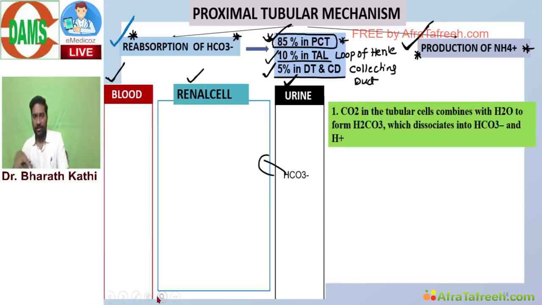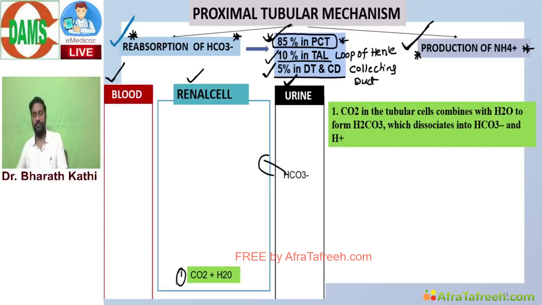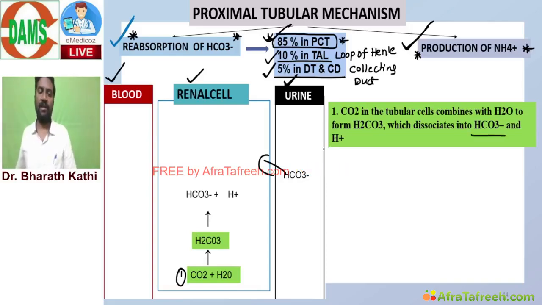For that, what are the steps? First step is, within the renal cell, as a part of metabolism or diffusion from the blood or urine, CO2 accumulates. This CO2 combines with water and it gives the product called H2CO3.